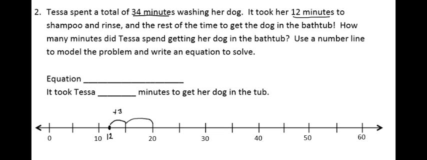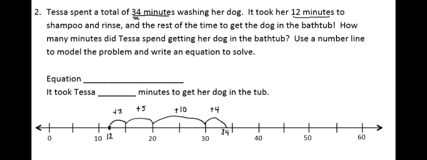Then from there to 20 is a hop of 5. From here I can hop to 30. That would be a hop of 10. And since it took a total of 34 minutes, I'm going to hop to 34 from there, which is a hop of 4.